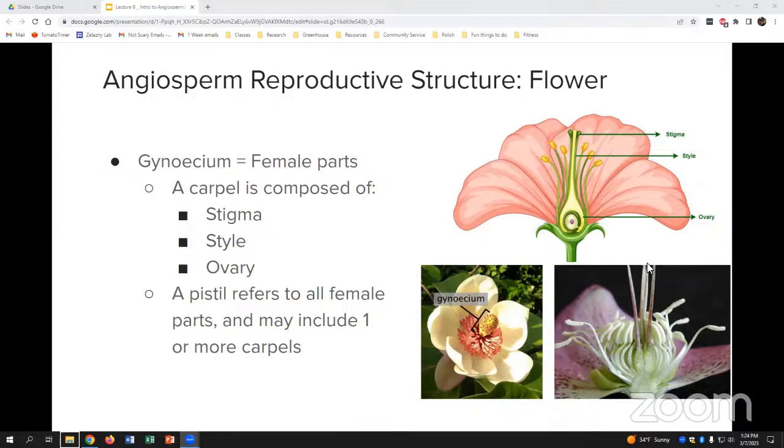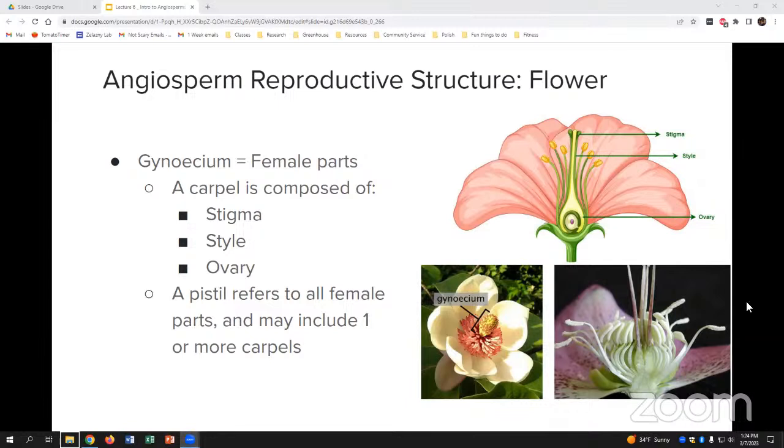You can see the edge of one here. This is a style leading down. And we can see here that we have multiple ovaries fused together. So this might be considered one pistil with multiple carpels within. So female structures: stigma, style, and ovary, creating carpels, which may fuse together to form compound pistils, or you may just have one.